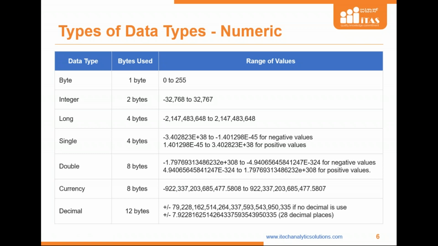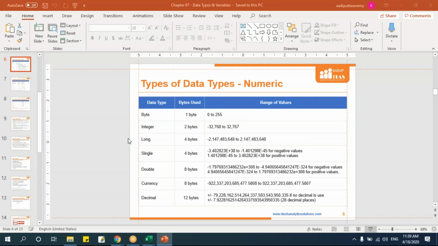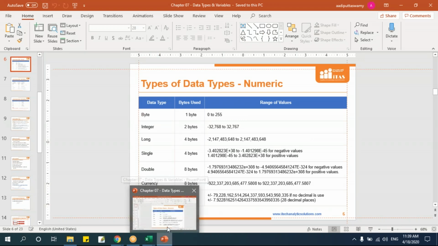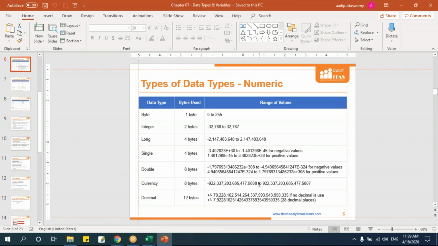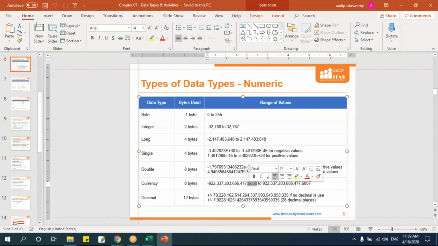So don't get confused. Here you see it's 8 bytes, and here it is say 4 bytes. So it's all about the capacity. That's all. It's not that currency means you can go and take this which means currency. That is also part of integer. I mean, not decimal numbers, like whole numbers, right? No, it is decimal only. Can you see this? I can use decimal numbers here. Oh, okay, fine, sir. Thanks.